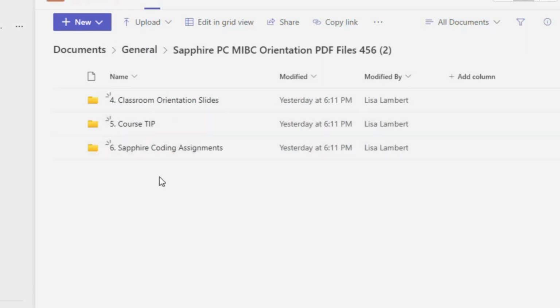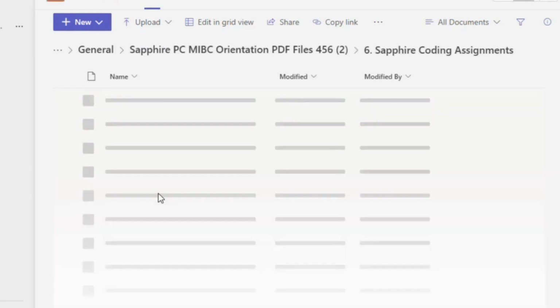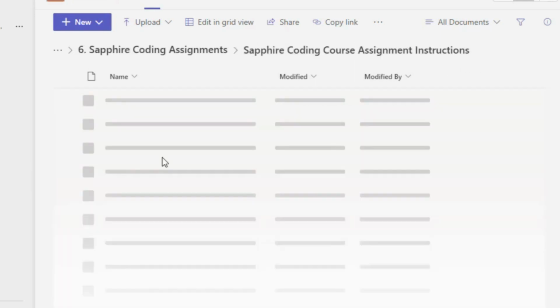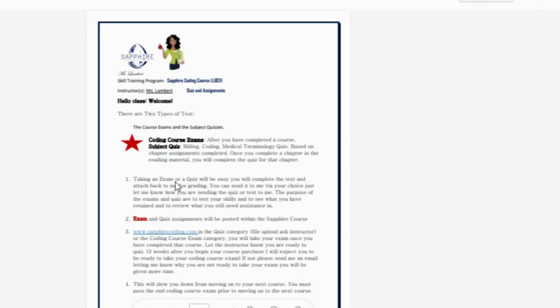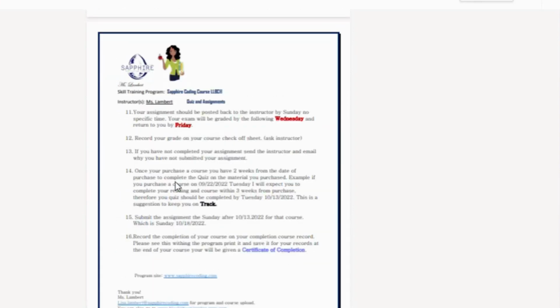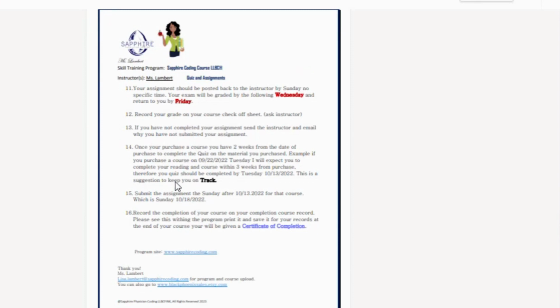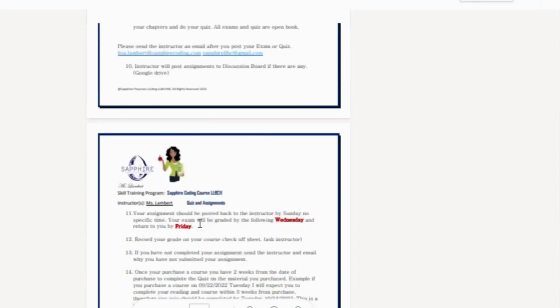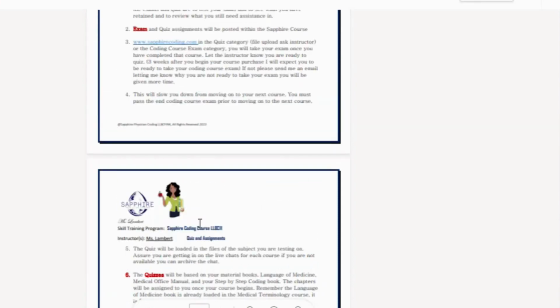Partial orientation science, okay, supply coding science. Let's see what that is. I hope this is what I'm looking for. It's not what I'm looking for, but this is something that you do need to look at. This is letting you know how your assignments should be done, my information on the website, and what your certificate and whatever you're going to get at the end, and your CPC when you take it.